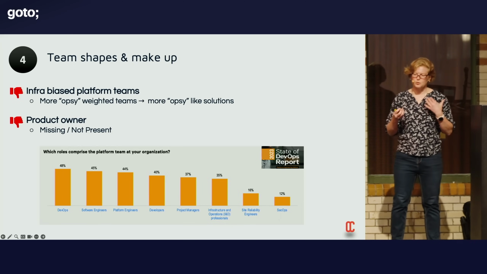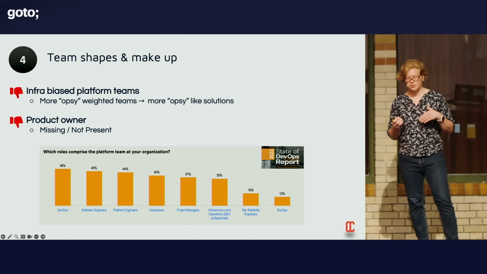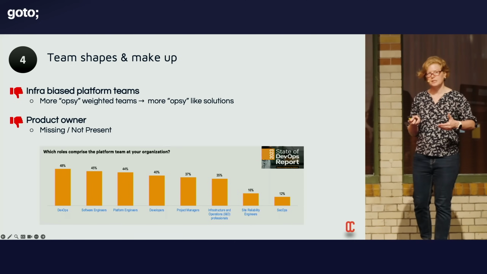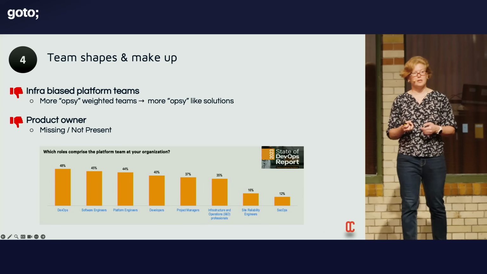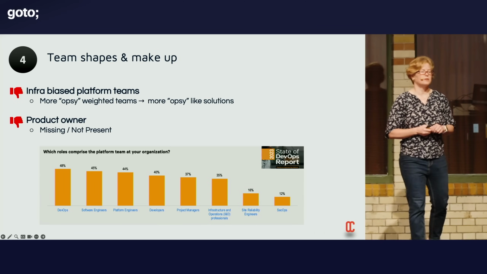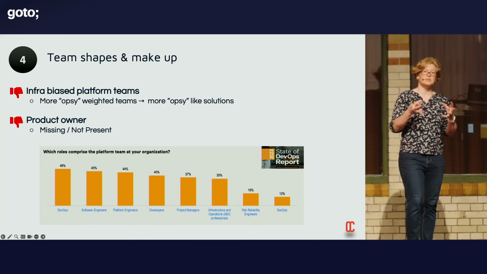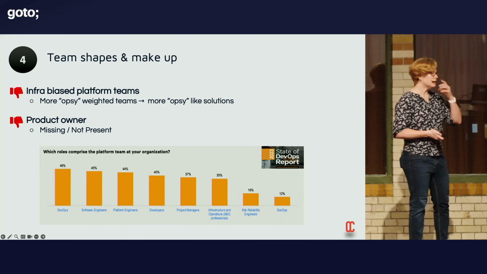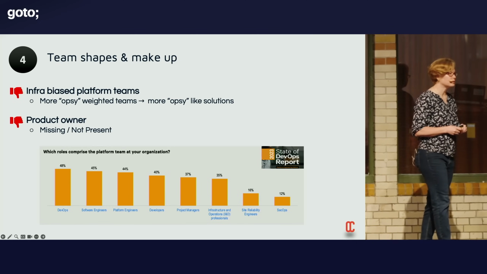The product owner is really important because they set the mindset for product thinking. They'll make sure that we engage the users, and they can evangelize to the rest of the organization. So when this role is missing, there's a huge gap that needs to be filled.